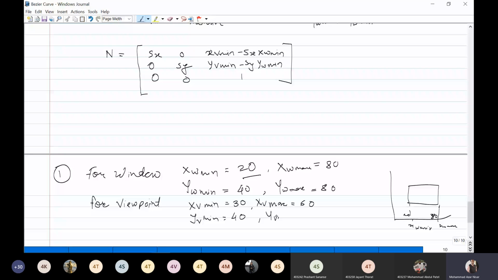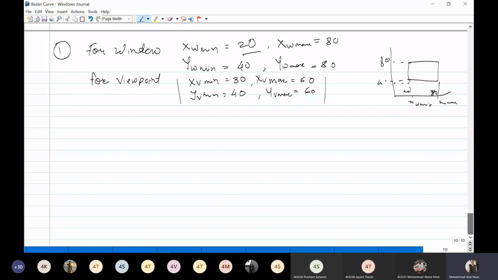So these values are 20, 80, and again these values given are 40, 80, and after transforming, these values are known. Okay. So how to solve this?